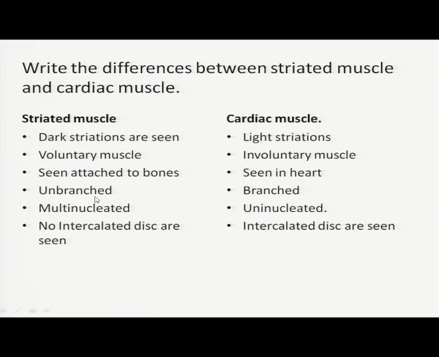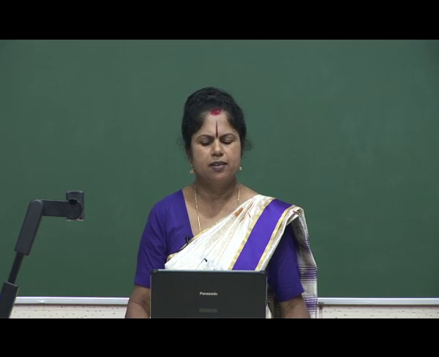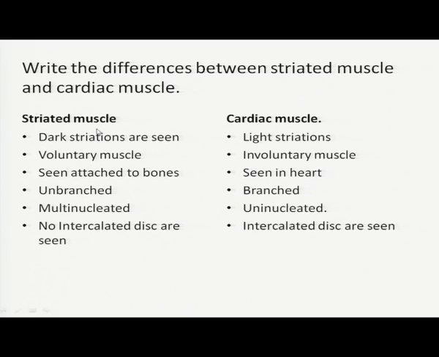Striated muscle is unbranched, whereas cardiac muscles are branched. Striated muscle is multinucleated, whereas cardiac muscle is uninucleated. Intercalated discs are totally absent in striated muscles, but are seen in cardiac muscles. So, these are the typical identifying features of cardiac muscles compared with striated muscles.